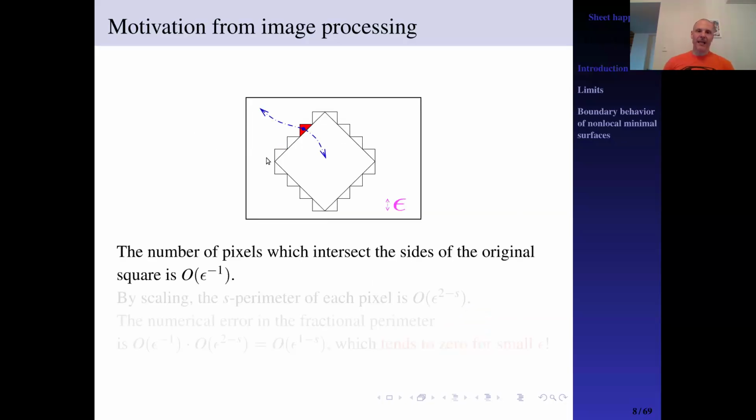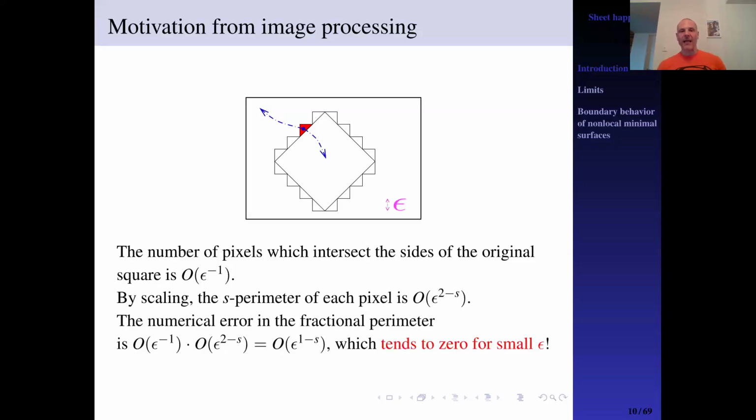But the idea is that you have the error coming from 1 over epsilon pixels, or order of 1 over epsilon pixels, that are the pixels that intersect the sides of the original square. Now, the s-perimeter of each pixel is epsilon to the 2 minus s. This is just because the kernel, the interaction kernel of the s-perimeter, scales in this form.